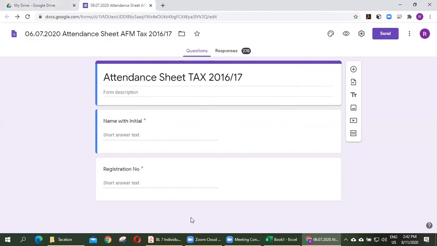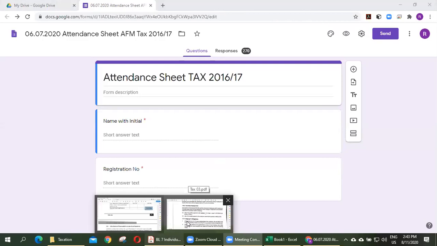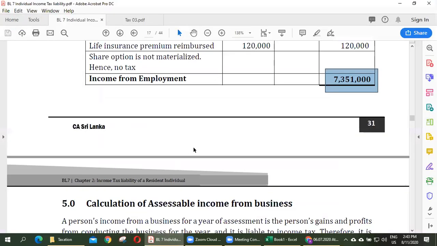Housing benefit, how to get. So one question has come, explain how to get the housing benefit. Meanwhile, I have posted the attendance link. You can record your attendance through that link.